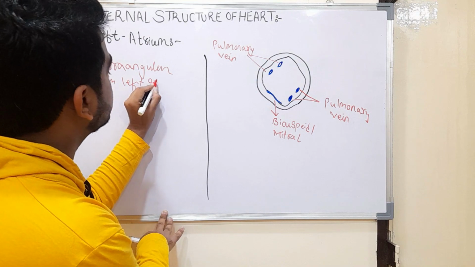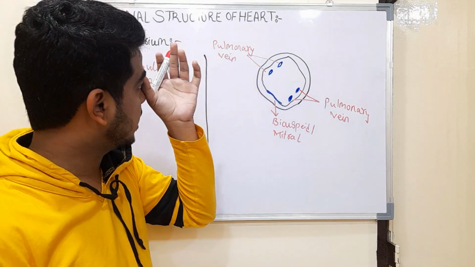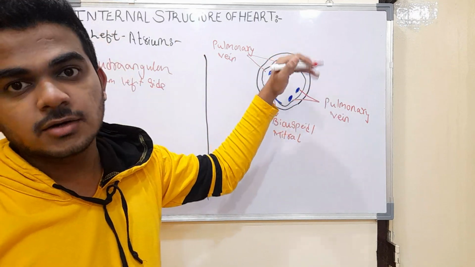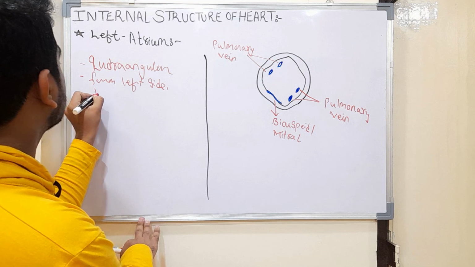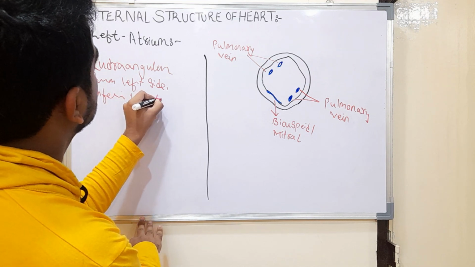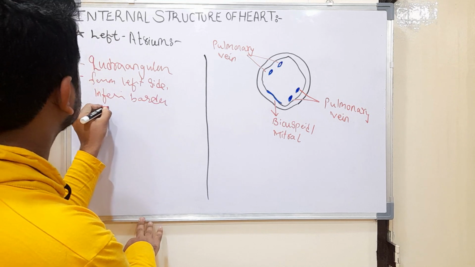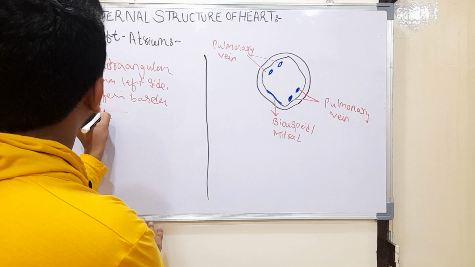In the previous lecture I already told you the left atrium forms the left side of the heart. Then the inferior border and the posterior surface.